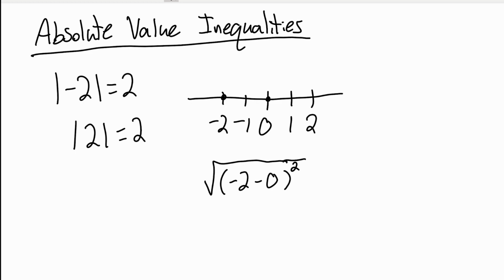So thinking of distance from 0, we subtract them and square it, and then take the square root. Well, the square root and the square kind of cancel each other out, and what we're left with is the absolute value of -2.